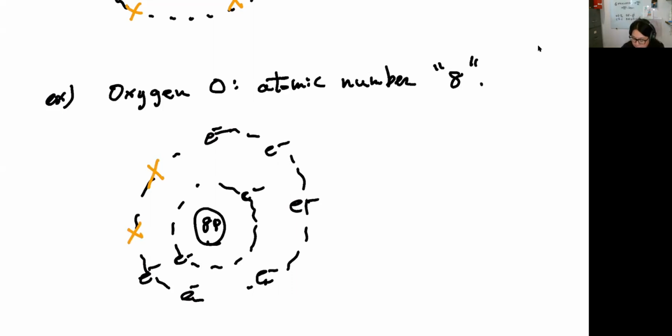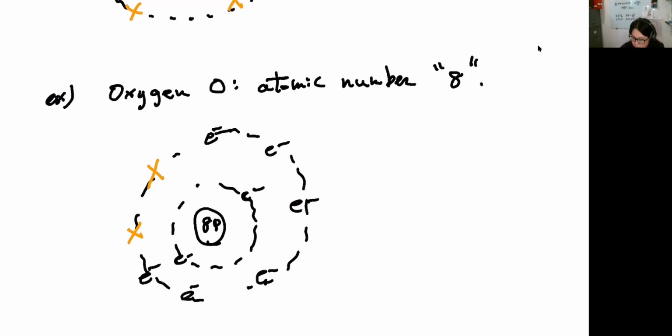So in this case, would it be easier to remove 6 electrons from the second shell or add 2 electrons to the second shell? Which one would be easier? Adding 2 more electrons is easier than removing 6 electrons, right?